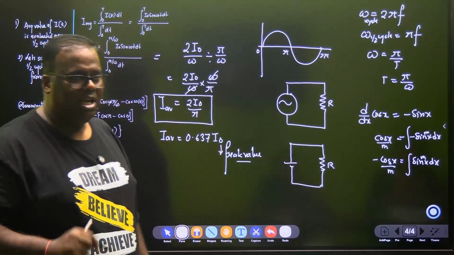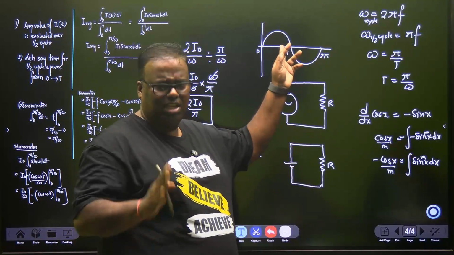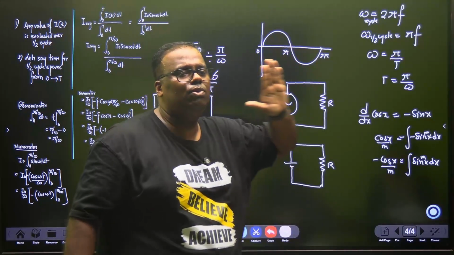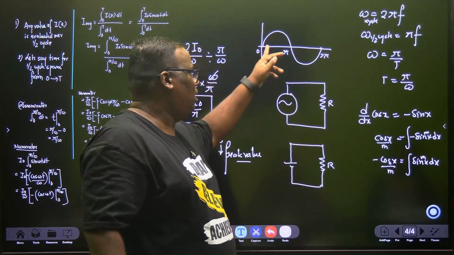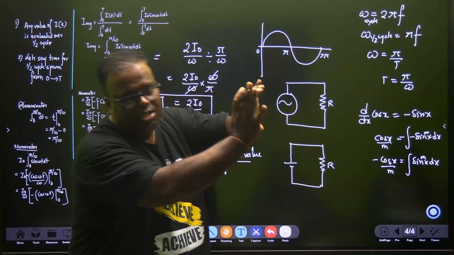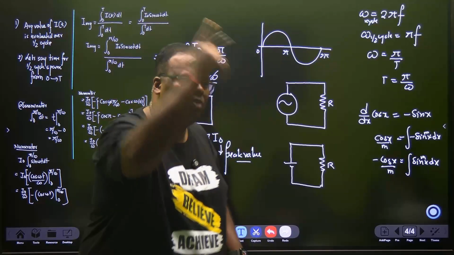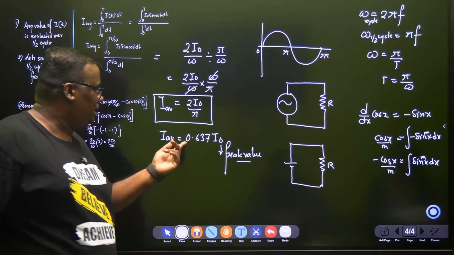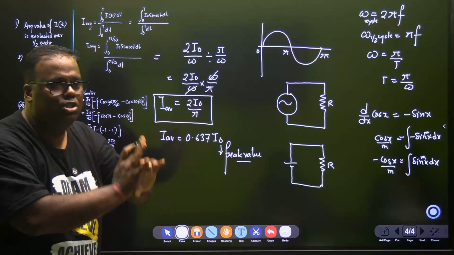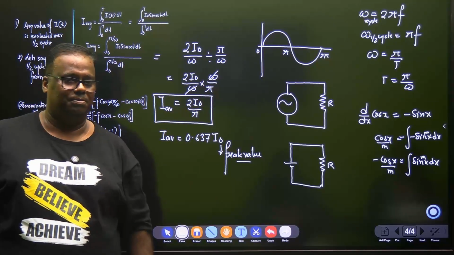That means in a half cycle, which is some time, what is current? Rate of flow of charge. If you have an alternating current in this half cycle, it will be pushing some charges. That quantity of charge is the same as a direct current of 0.637 times I naught would have pushed over the same time frame.